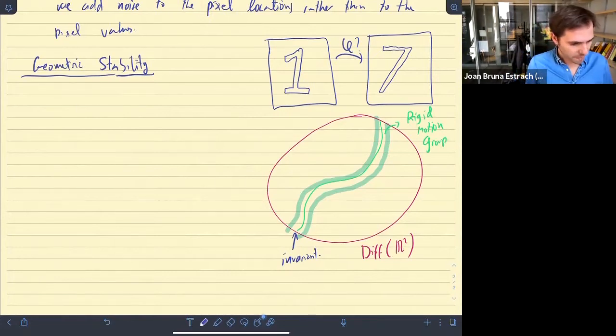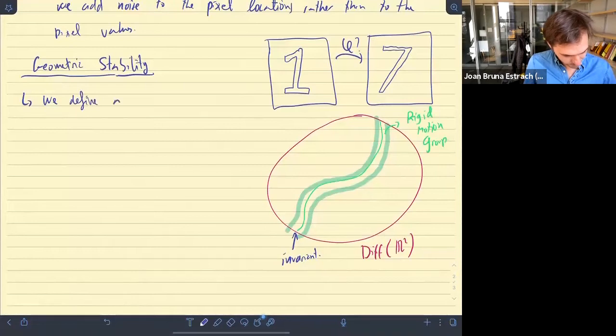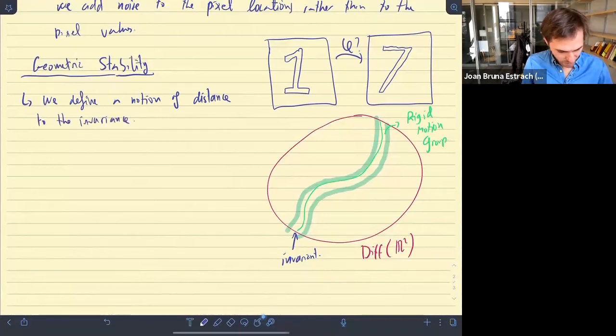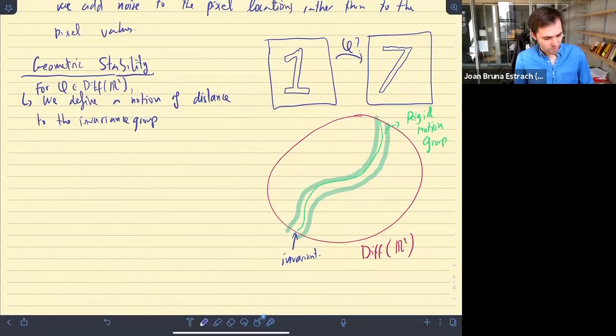So we define a notion of distance to the invariance group. In that case, that will be the group of rigid motion, or the group of translations, if you want. For phi that is in the diffeomorphism group, we define the notion of distance to the invariance group.